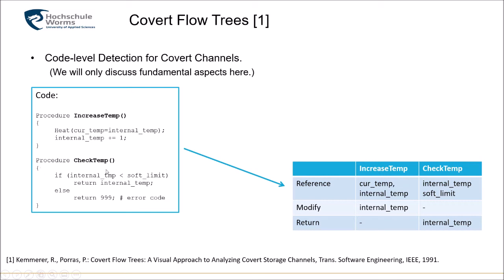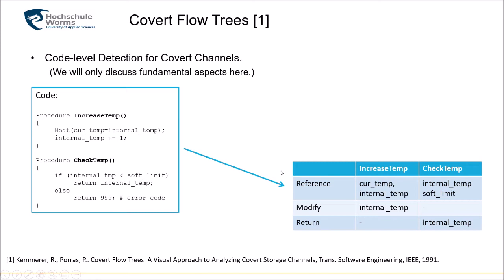And we have the procedure check temperature. If the internal temperature value is within some soft limit, then we return the temperature, otherwise we return some error code. Some code that maybe represents a state that is telling us that we ran out of some soft limit. Of course, no good engineer would write such a code, but it's just for demonstrating the purpose and the functioning of the covert flow trees here.